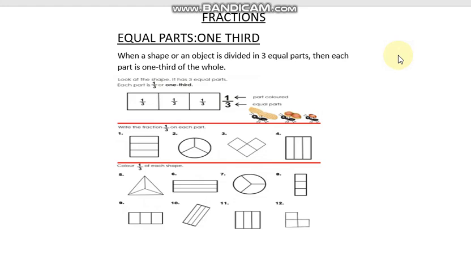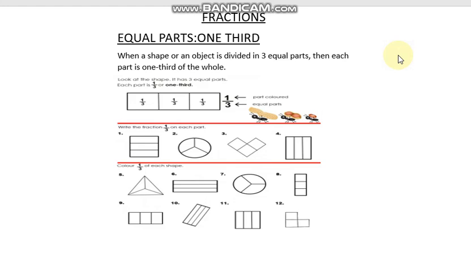As you all know, we have started a new unit, that is fractions. In the previous videos I have explained to you about 1/2 and 1/4, or quarter, of the whole. 1/2 means when we divide a shape or an object into two equal parts, then each one part is 1/2 of the whole.